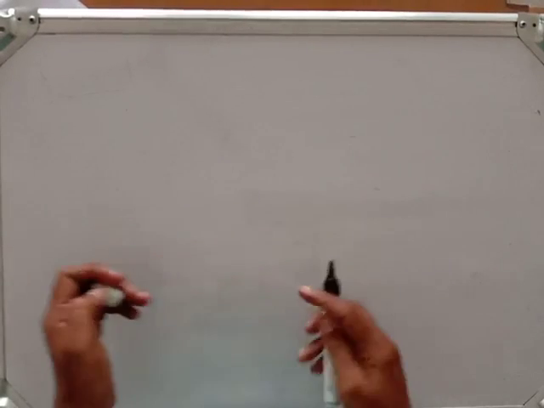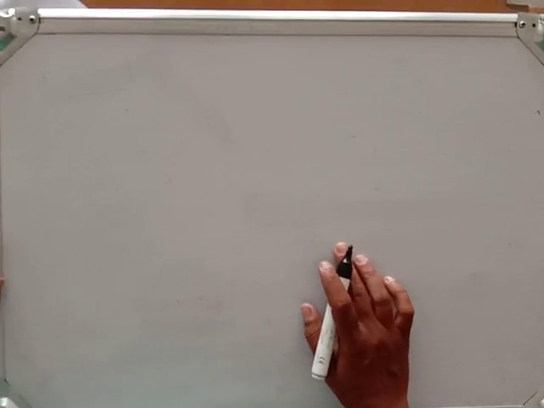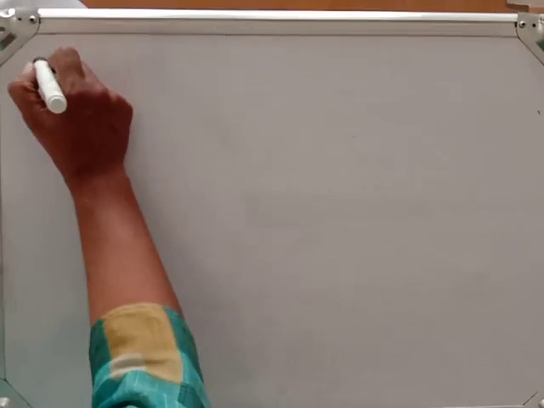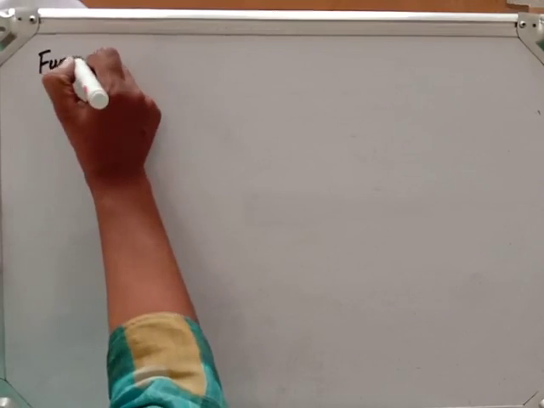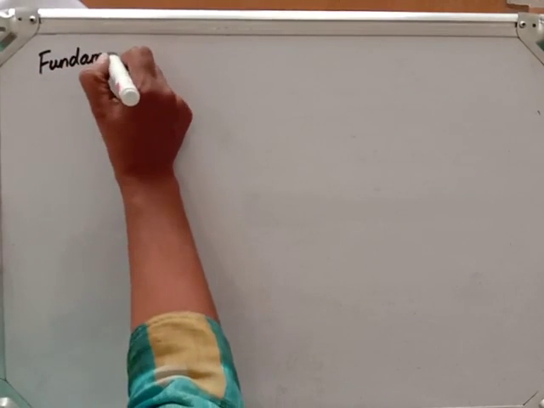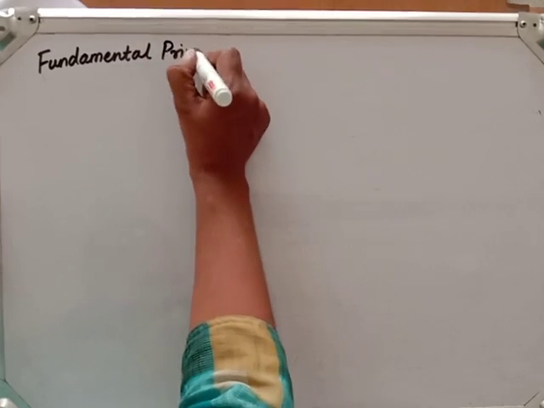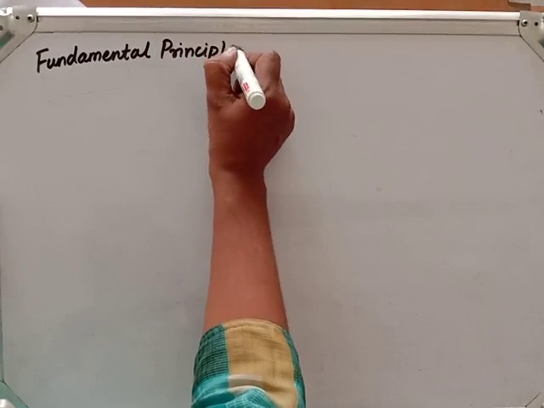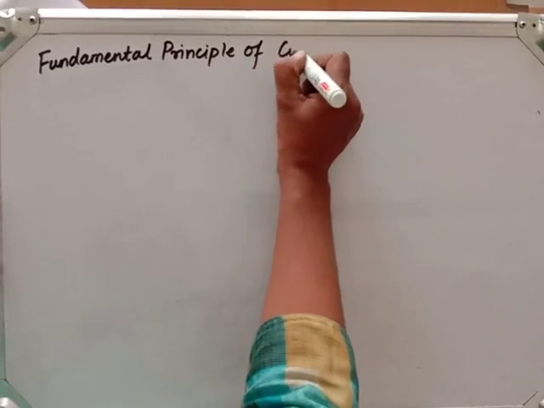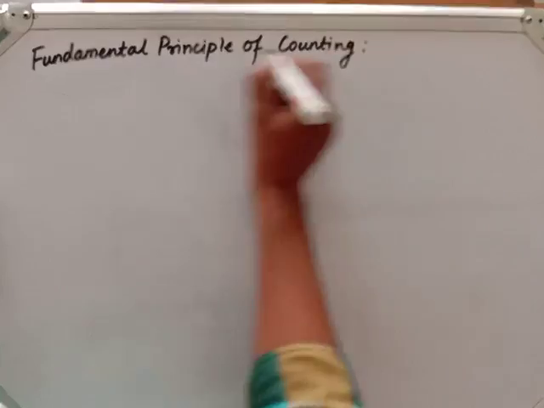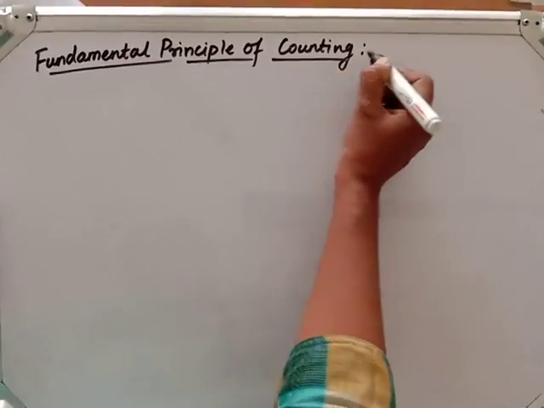Now the next part: let us see the fundamental principle of counting, that is the addition rule, multiplication rule, and bijection rule. So let us see them. In the fundamental principle of counting we have to see these 3 rules.